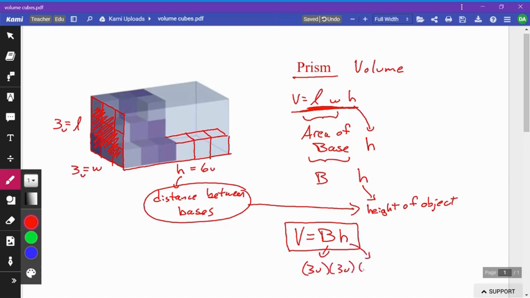The height is going to be 6 units, and if I multiply all that together, that is going to be 54 units cubed, because volume is measured in cube units, or how many of these little cubes are in the shape. So instead of just saying length times width times height for every single prism that we see, we want to have a better formula, which is going to be volume is going to be area of the base times the height.